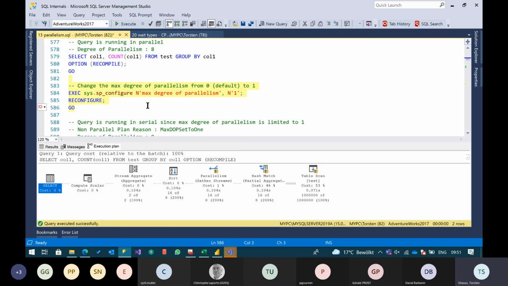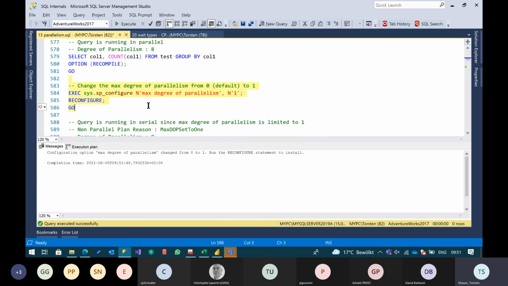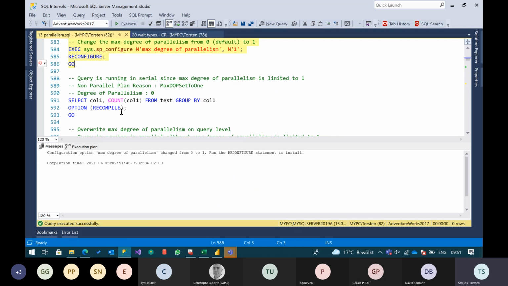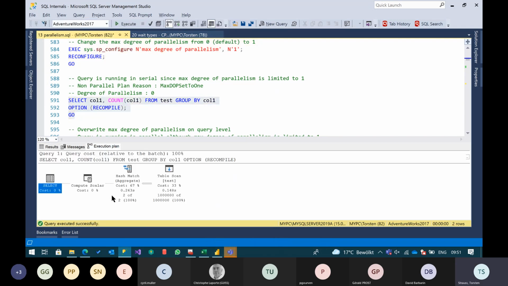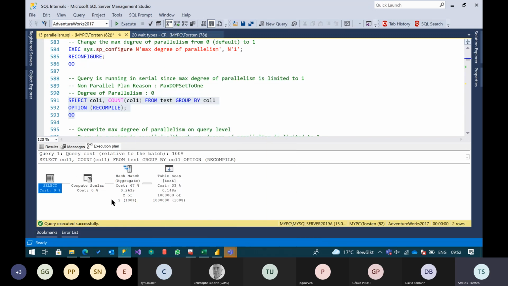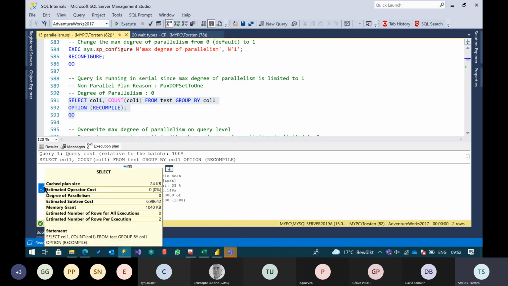So when I now, and this is exactly the other way around, change the maximum degree of parallelism to 1 to limit the number of threads which can be allocated by a specific query, and you run the same query again, you will see this is a completely different plan. We still have a table scan, we have a hash match this time, and we do not have any kind of parallelism. We can see it here also from the select operator information.